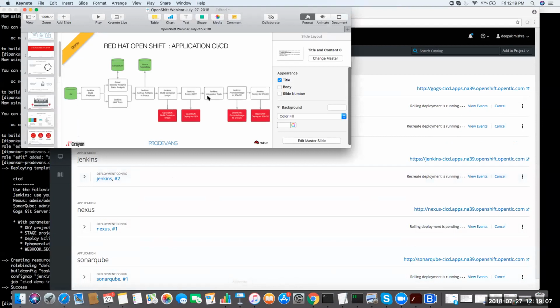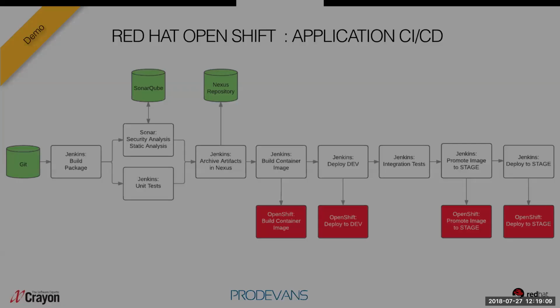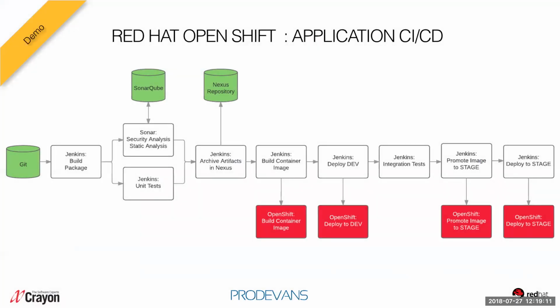And if you want, I will explain the flow. What it is doing is creating a Gogs application, which is running on a container, to take care of code version control. Then SonarQube, which does the code review.